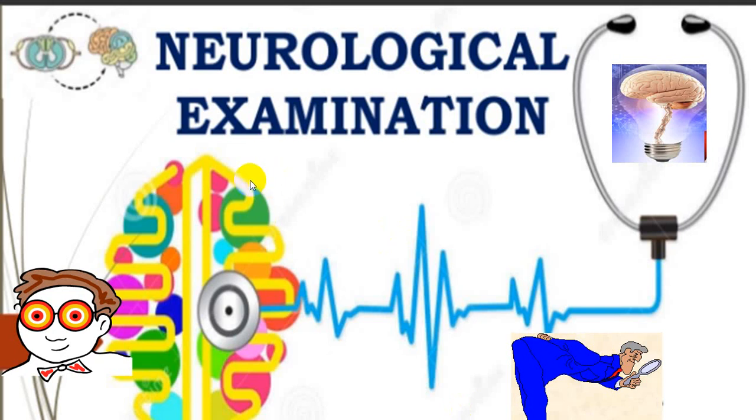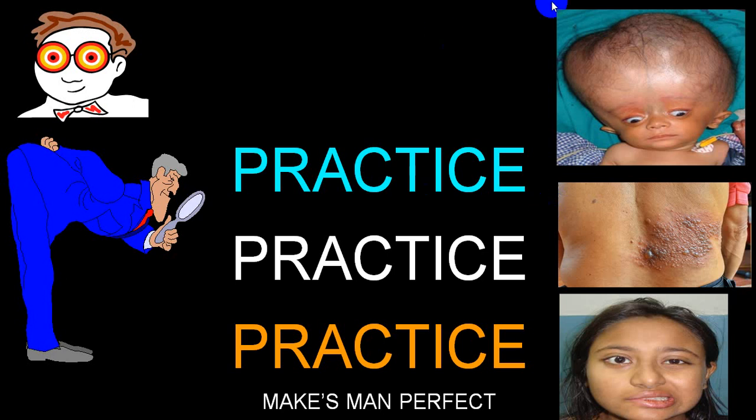So neurological examination needs observation. It also includes what we call a complete CNS examination. There is even something called auscultation also, we'll be discussing when we come to that part. And there is a very clear thing in CNS.